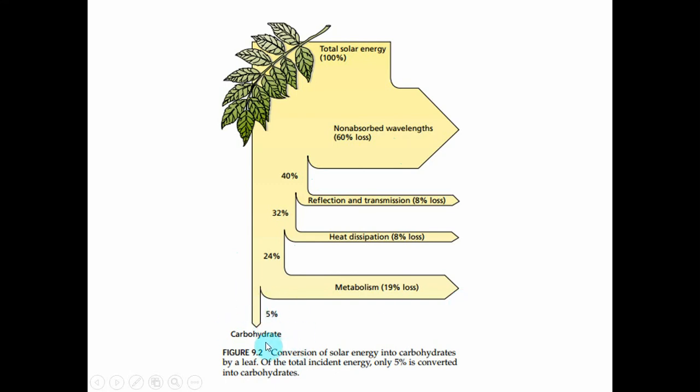So only 5% of this energy that comes from the sun is actually what is used in photosynthesis to give us the carbohydrates that the plant needs.